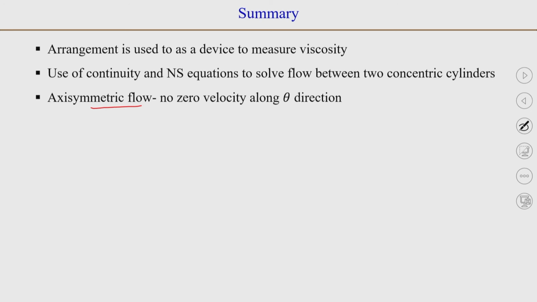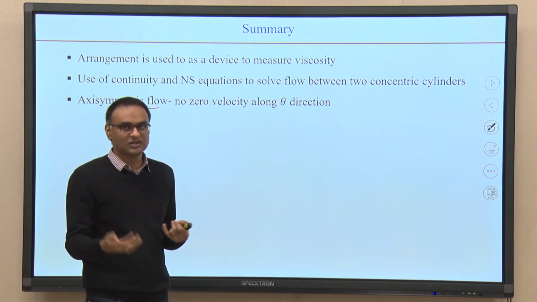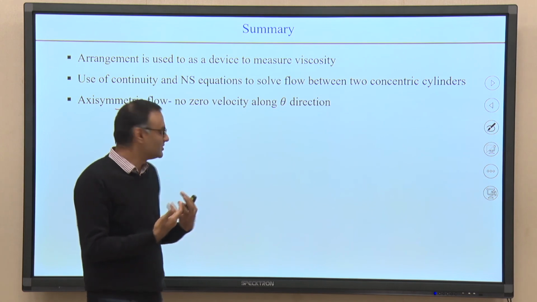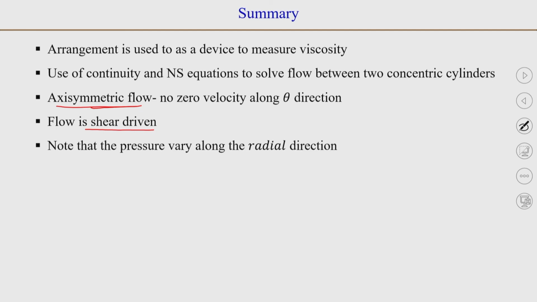So, dou p by dou theta was 0 and all the three velocity components have derivatives along the theta direction equal to 0. That is what axisymmetric flow means. And in this case there was no pressure gradient to drive the flow; it was driven by the shear. The pressure varies along the radial direction.